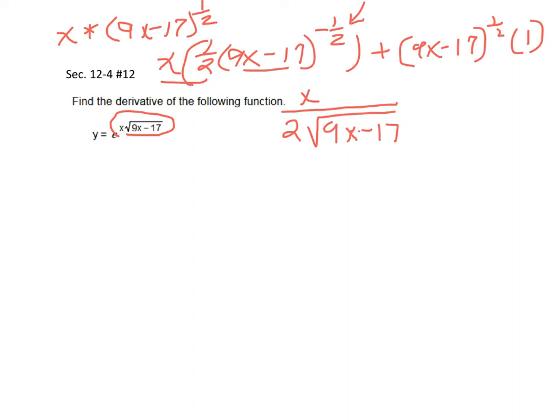I should have also taken the derivative of 9x minus 17, so its derivative here would have been times 9. So that means 9 times x in the numerator is going to be 9x plus 1 times, and again I'm going to change the 1/2 power back to a square root, the square root of 9x minus 17.